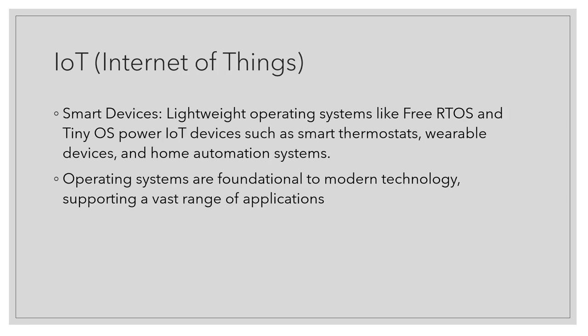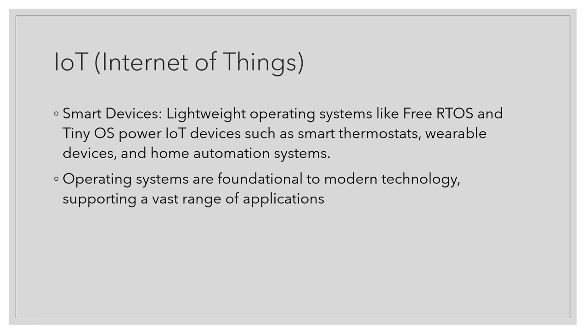IoT, Internet of Things. IoT means the Internet of Things. For example, a smart home. We have smart home automatic door lock systems. Some houses have passwords to open the door.